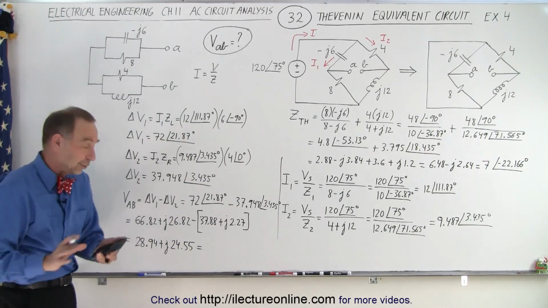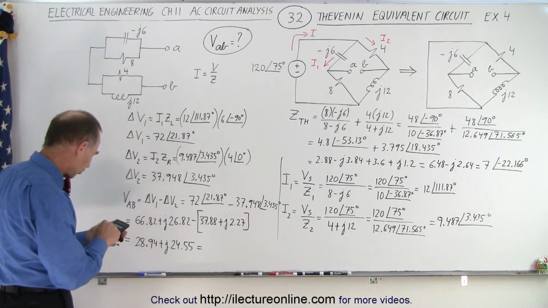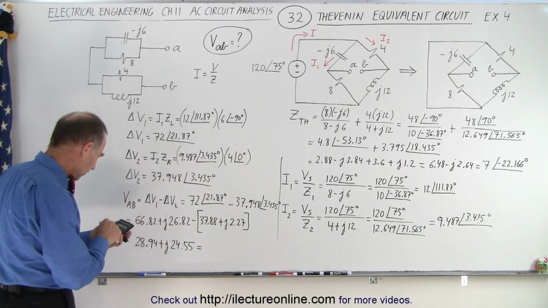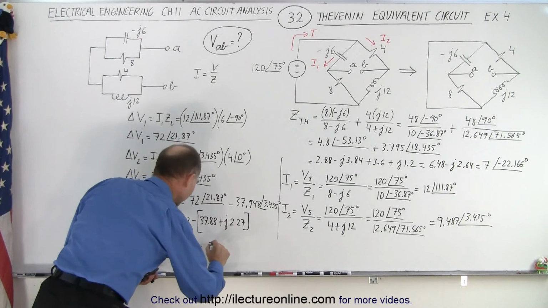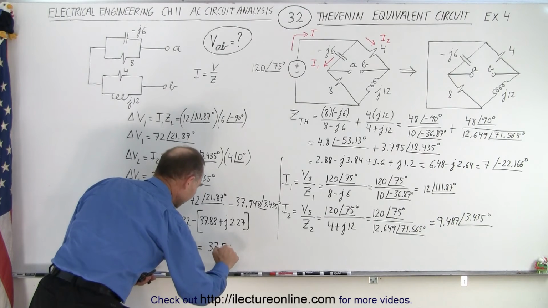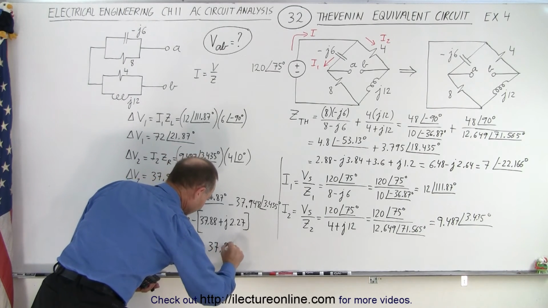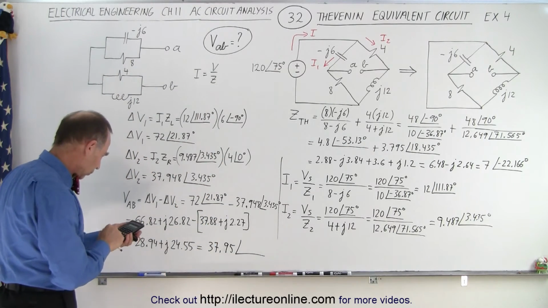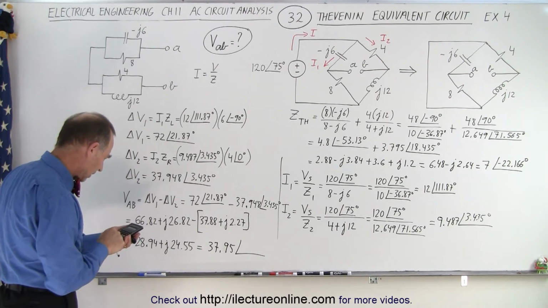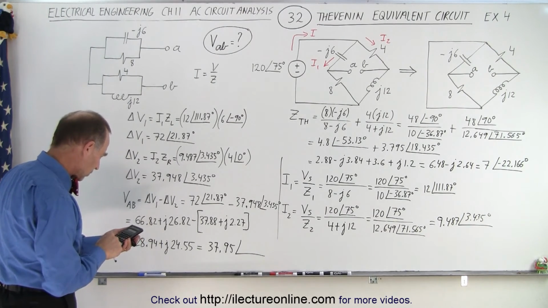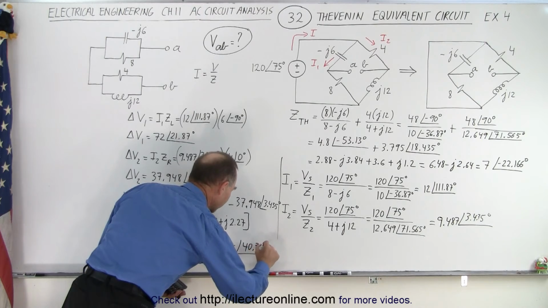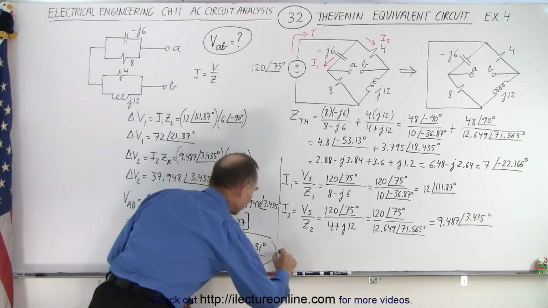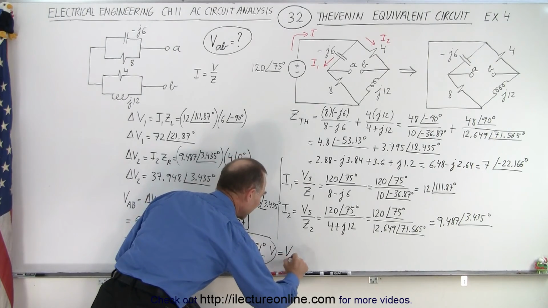And now again, converting to magnitude and phase angle format, 28.94 squared plus 24.55 squared, take the square root, that gives me 37.95, not 59.95, with a phase angle of 24.55 divided by 28.94, and take the inverse tangent, 40.31 degrees. And that's the voltage from A to B.